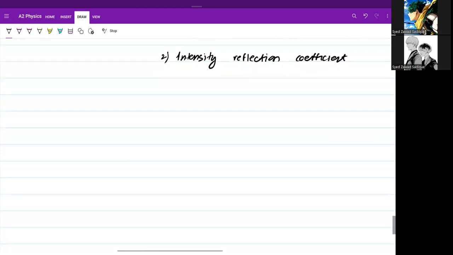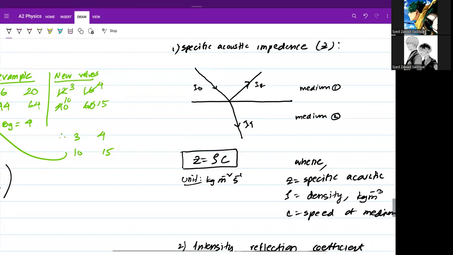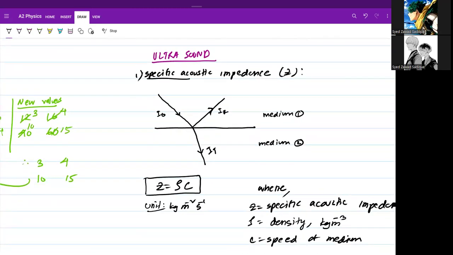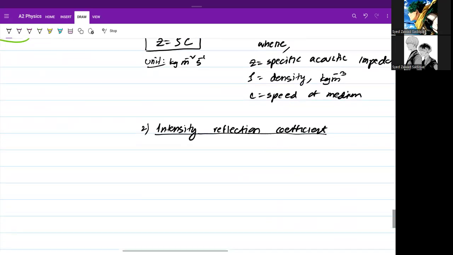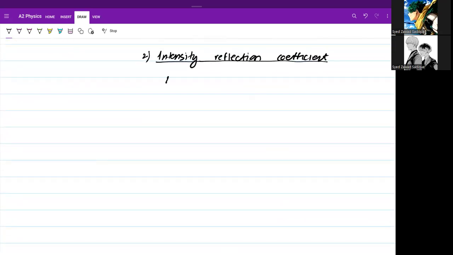So the intensity reflection coefficient is IR by I equals ZA minus ZB whole square over ZA plus ZB whole square.